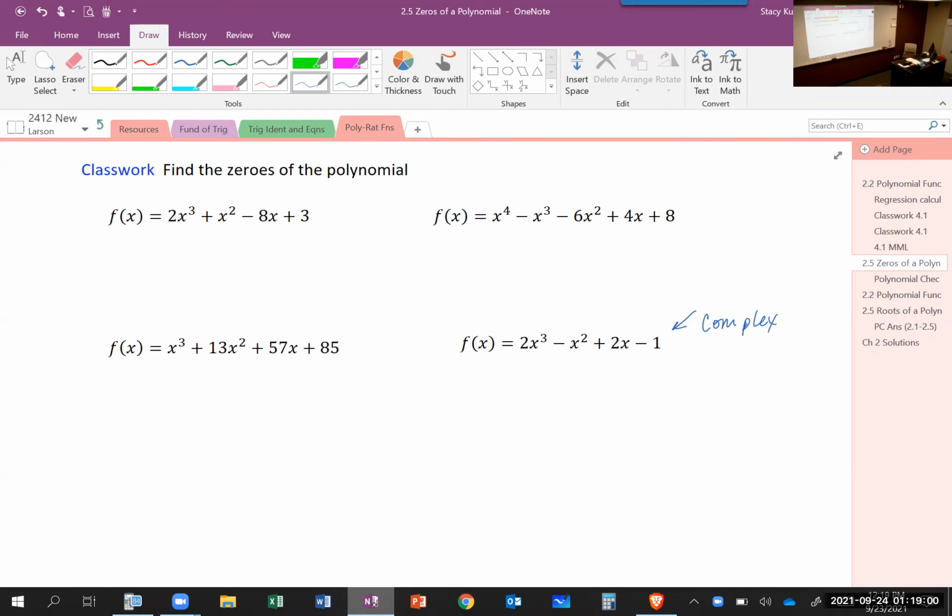Will this be correct? C is a negative. Plus 16 plus 16, 32. And then so then I did divide it.